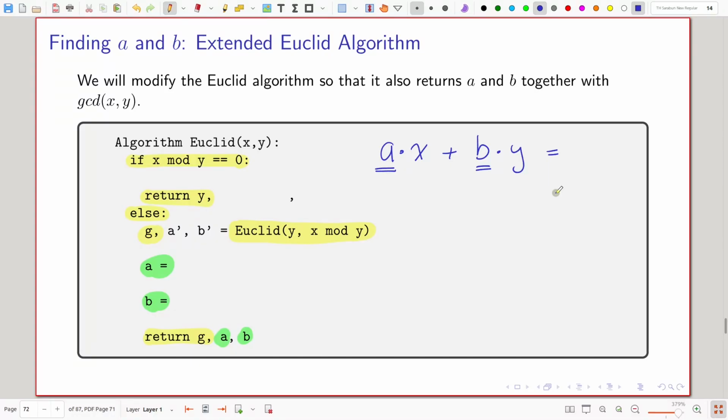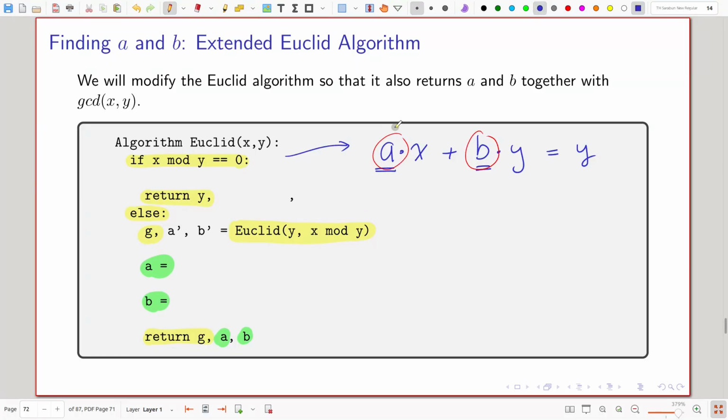So in the base case, the GCD is y. We want to find A and B such that ax plus by equals y. So what should A and B be? y equals y, right? So we can set B to be 1 and A to be 0.